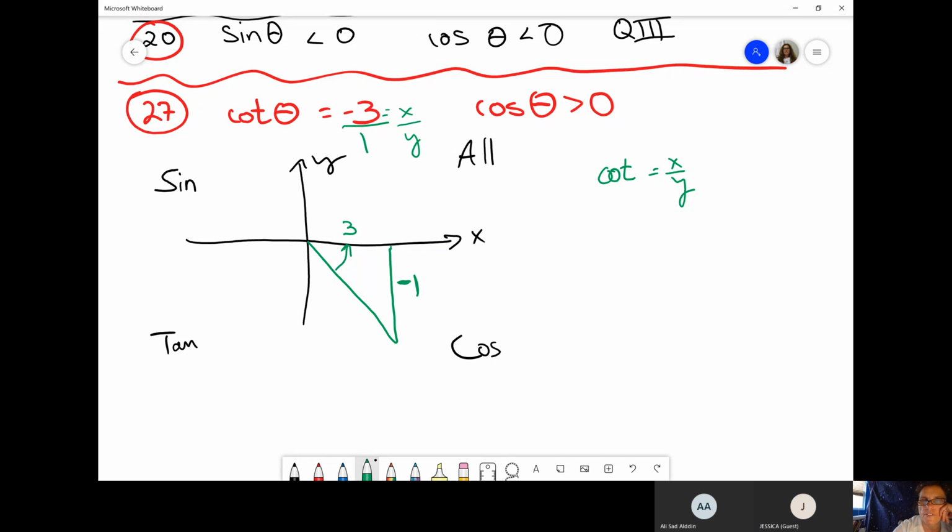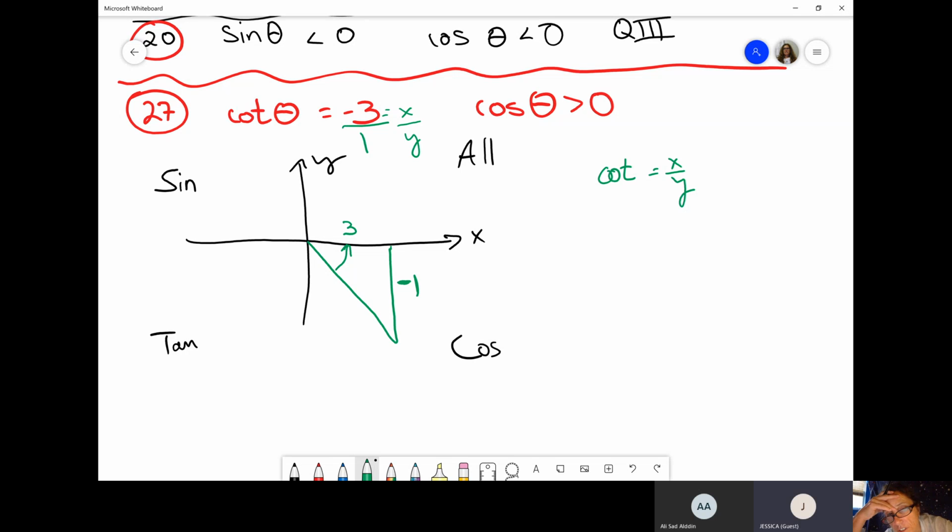That is our relationship between the adjacent and opposite sides: x over y, where x is 3 and y is -1. Does that make sense?